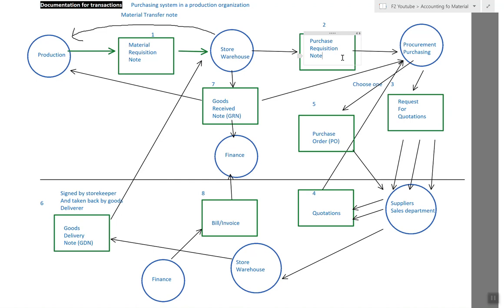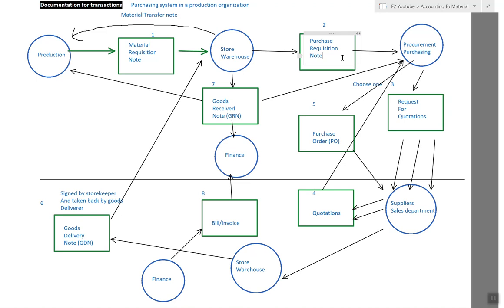They will prepare a document called request for quotation or RFQ, and they will send it to many suppliers. So the more suppliers there are, the more RFQs there will be. Maybe they send it through email, maybe they physically do it, but physically will not be very popular these days. Some organizations advertise this RFQ on their website.